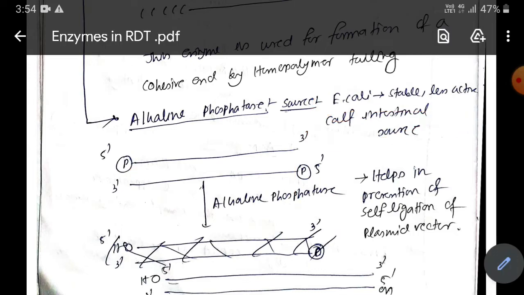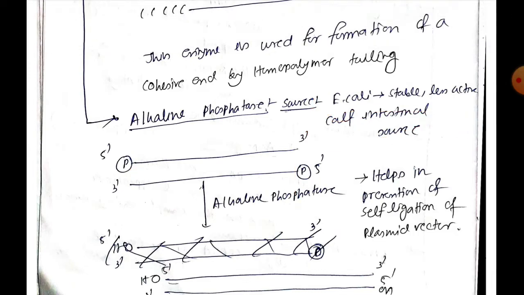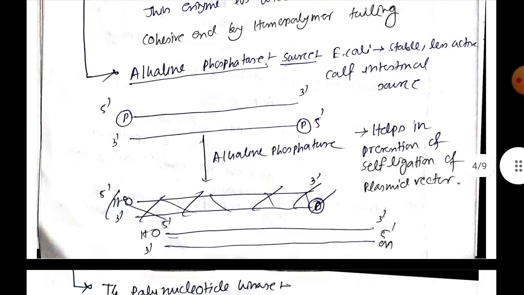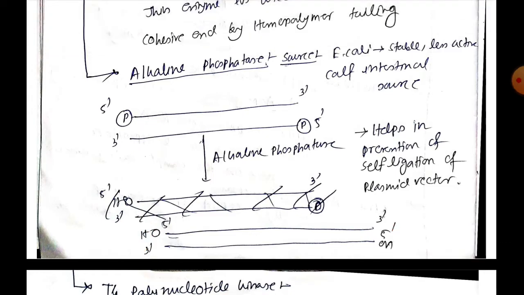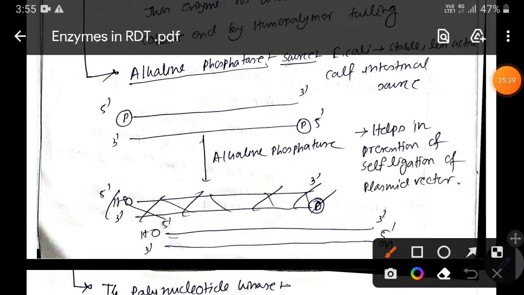Okay, so there is an advantage and also a disadvantage in E. coli alkaline phosphatase that you need to remember, and it simply cuts the 5' phosphate groups, right, and makes them OH group containing. Now the question is, what is the utility of alkaline phosphatase? So remember, when we are ligating our gene of interest with the plasmid, there will be a situation called self ligation, meaning what?